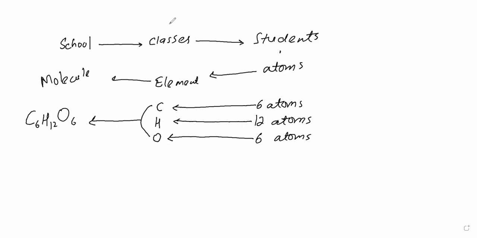So, you understand that a molecule is the combination of atoms, and a molecule can be a molecule of an element, and it can be a molecule of a compound.